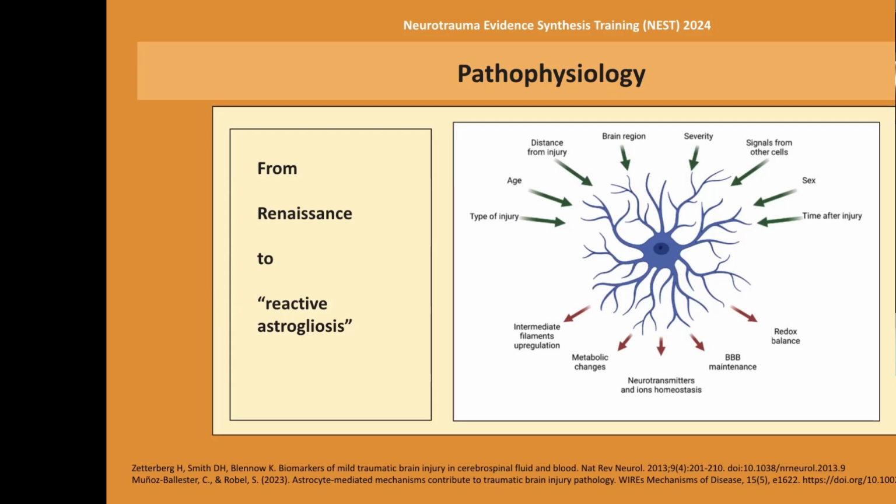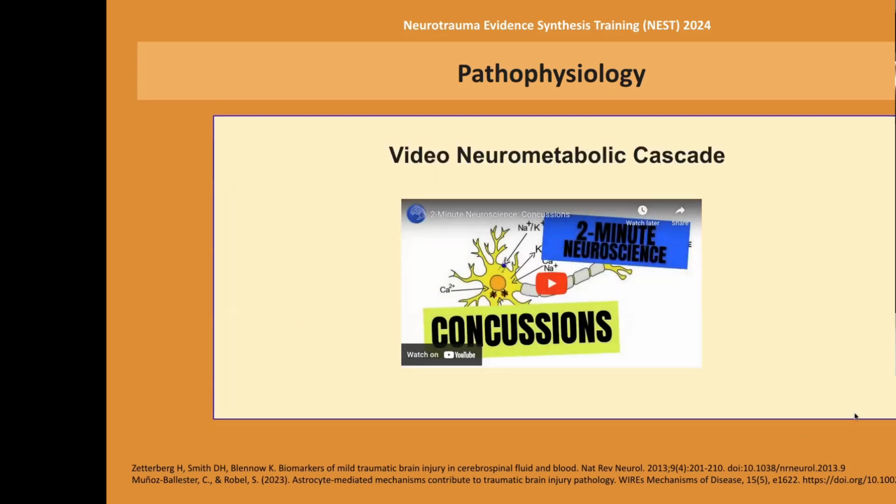And now we're about 10 years later, and we're really entering into that era of new types of imaging that are finally able to give us more definite answers about the secondary effect of concussion. Let's get to the next slide. We'll play this video.